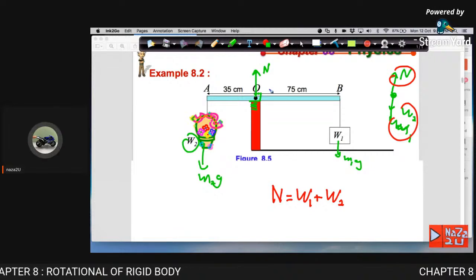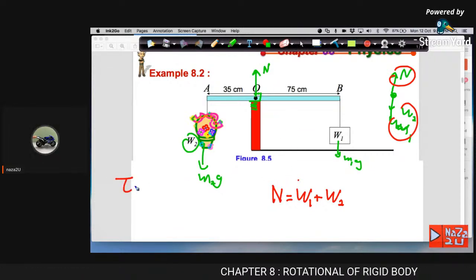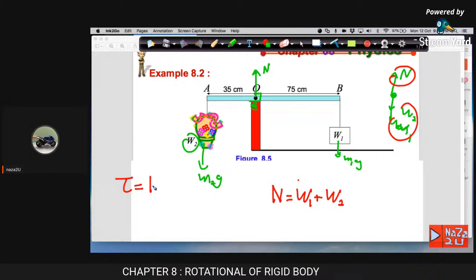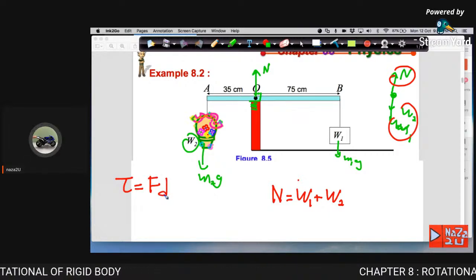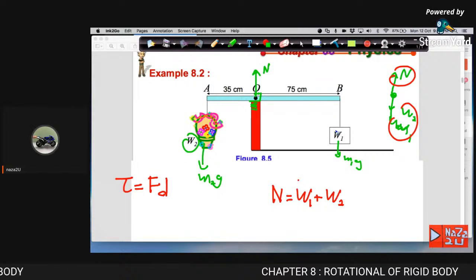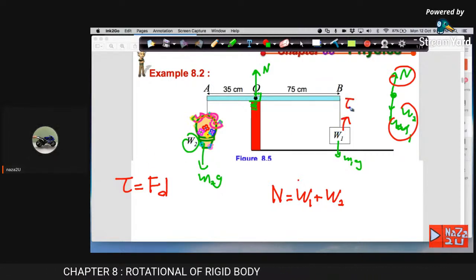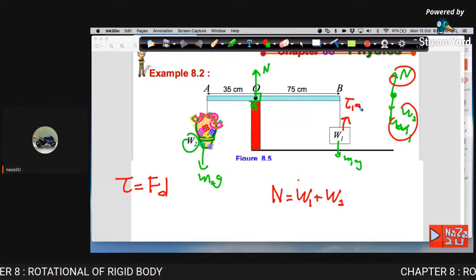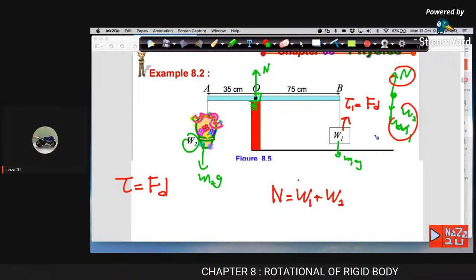But if you consider the torque, you must have the force, you must have a distance. So first, let's say the torque for the weight W1. So the torque for the W1 here is force times D, right?